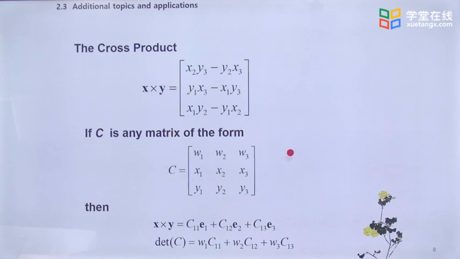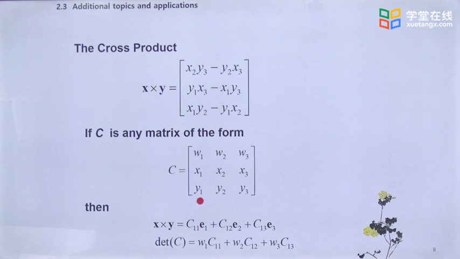From this expression, if we substitute w1, w2, w3 by x1, x2, and x3, you will find its determinant equals 0, right?